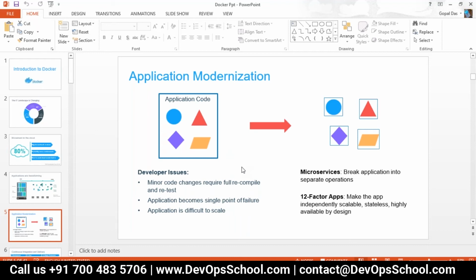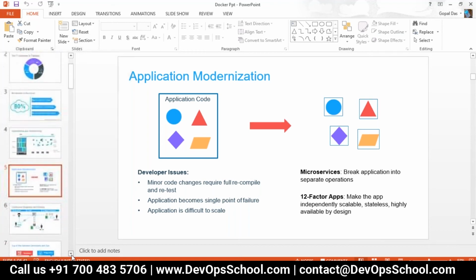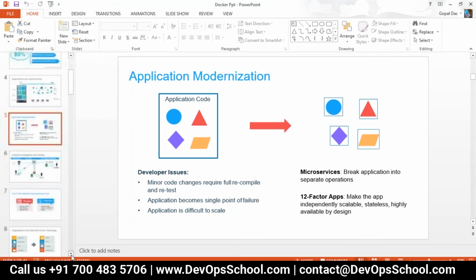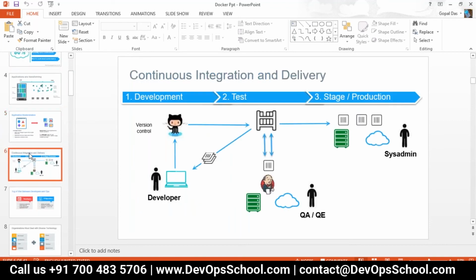The benefit is that every app will be independent, scalable, stateless, and highly available by design. Plus, there is something called continuous integration. CI/CD has also come into the picture. What is CI/CD?